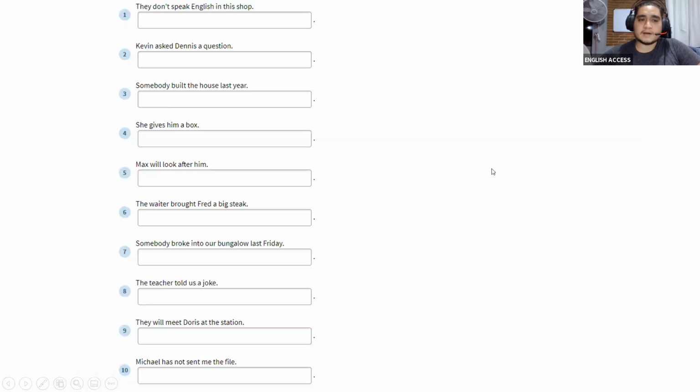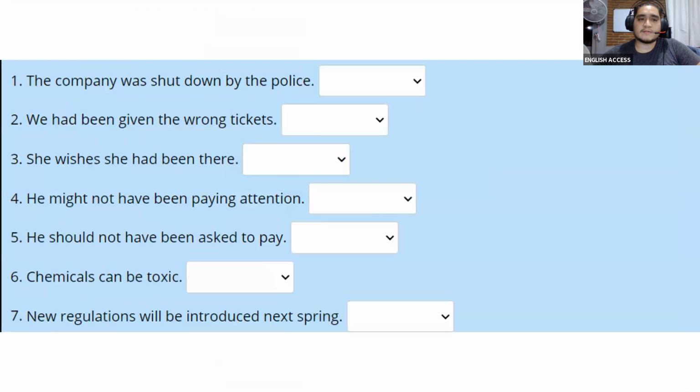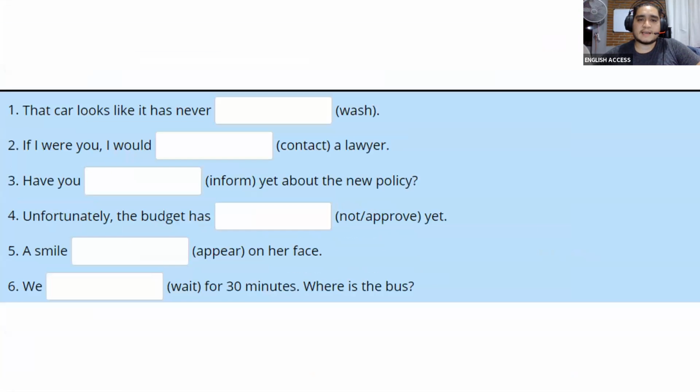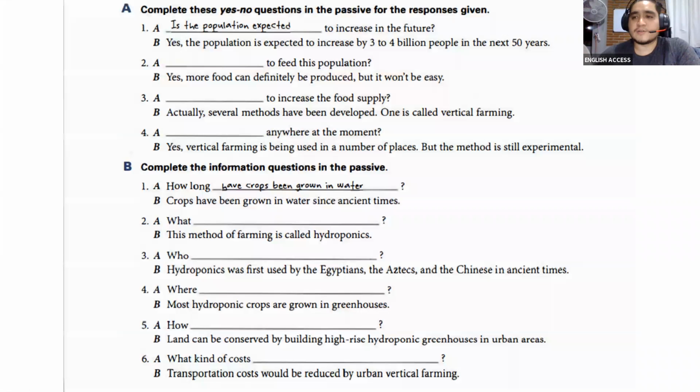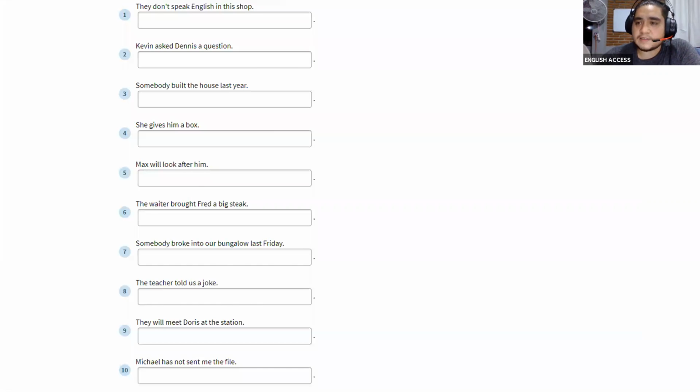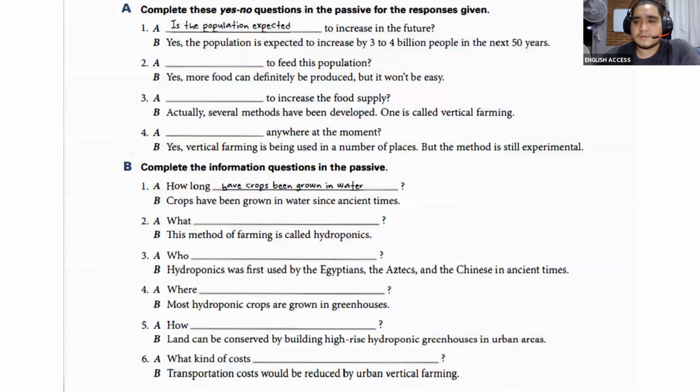Now we have 1, 2, 3, 4, 5, 6, 7, and that's it. I'm going to send you these images, but 4 and 3 we're going to do here tomorrow. Is that okay?